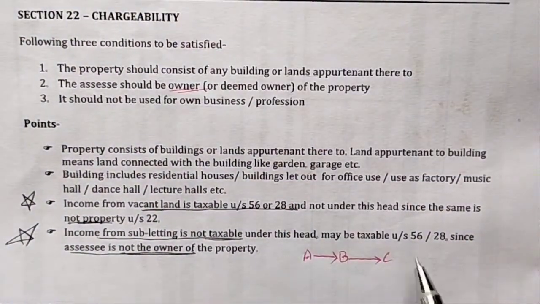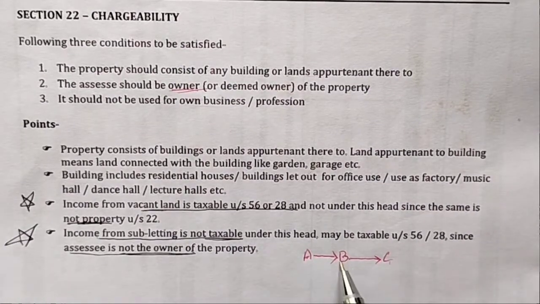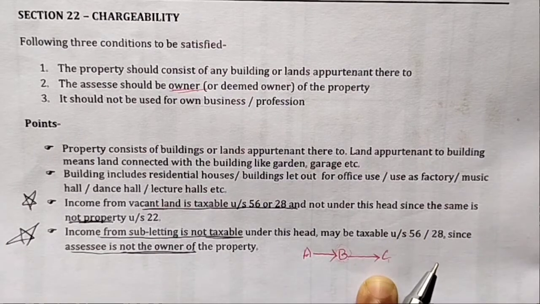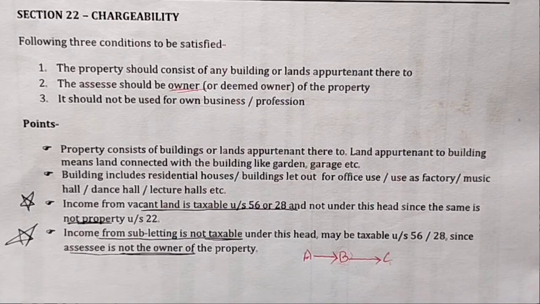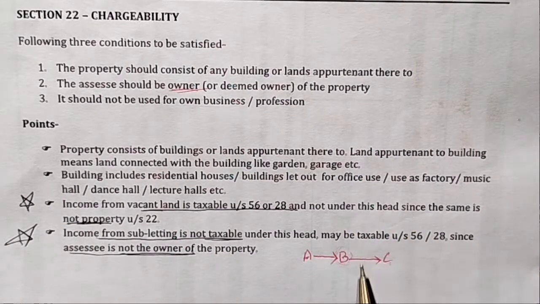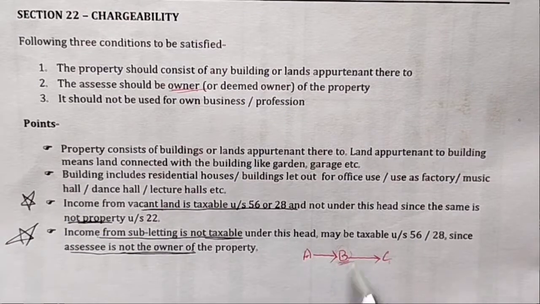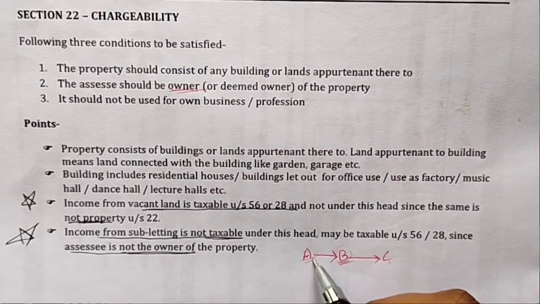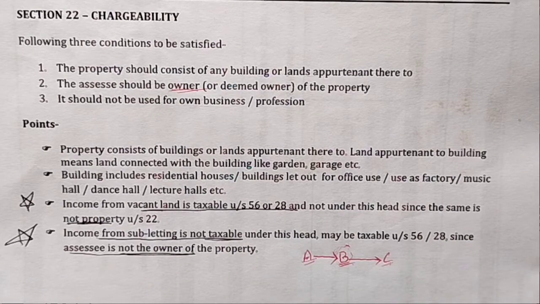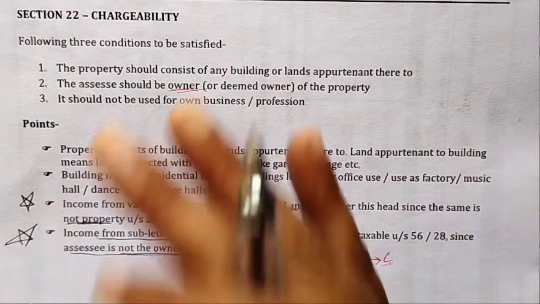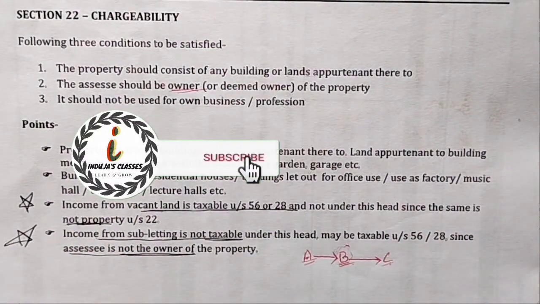B rents this house to C, and the income arising to B because of sublending is not chargeable under the head income from house property. It is charged either under section 28 or section 56. Why? Because the assessee is not the owner in this case. B is not the owner of the property. A is the owner of the property. B just sublends it to C. Because of that, income from sublending is not considered as income from house property.